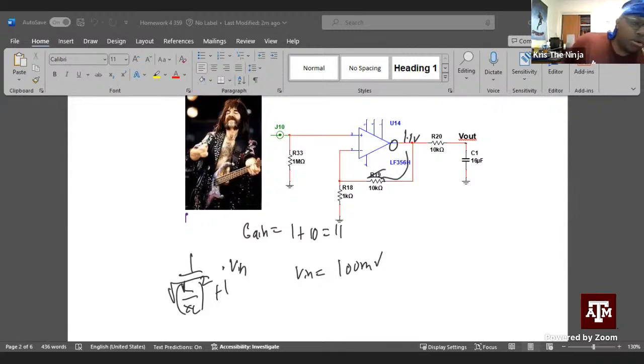Oh, I think I forgot to do 1 over the square root of that. So 1 over the square root of this, then multiply that by 1.1. That gives us 7 millivolts. Yeah, so V out there is 7 millivolts.